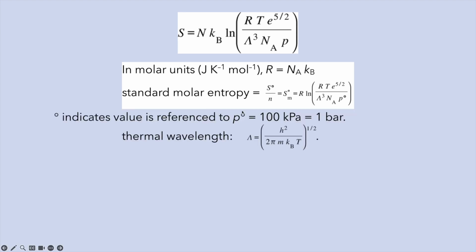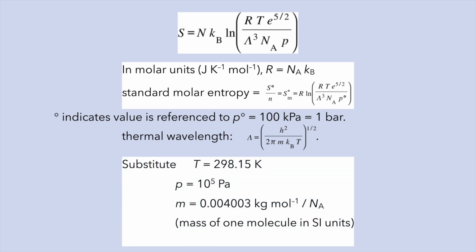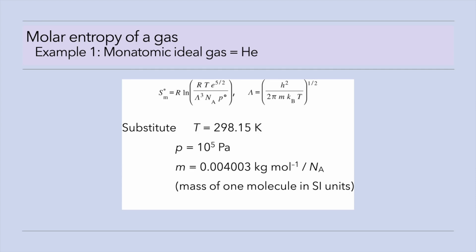Which is referenced to the standard pressure, and then written here in terms of the thermal wavelength, which also brings in the dependence on the mass of a single molecule, lowercase m. Let's substitute in all the other values we have for temperature and pressure. Again, for the mass of a single molecule for helium, we'll take the molar mass in kilograms and divide by Avogadro's number to get the mass of one molecule in SI units, kilograms.